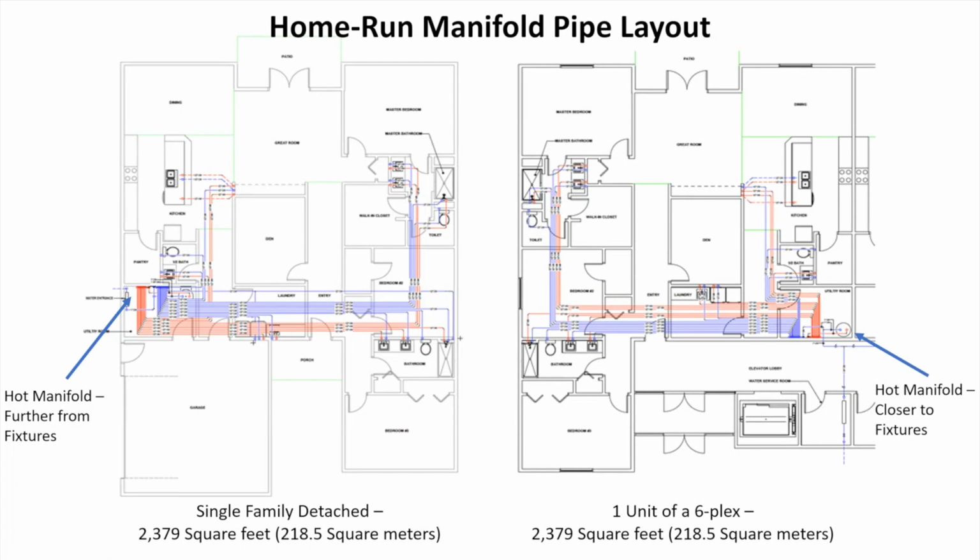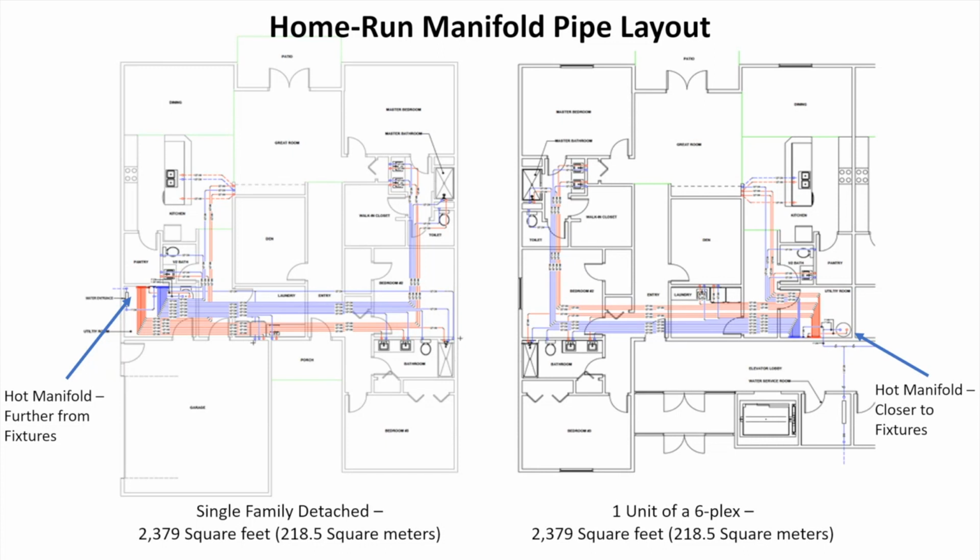Oh, this is lovely. This is showing the same 2 using home run manifolds, the central home run manifolds. And so I'm interested in the hot manifold because I'm concerned about the time to tap to get hot water to fixtures in question. And so, again, same floor plans.